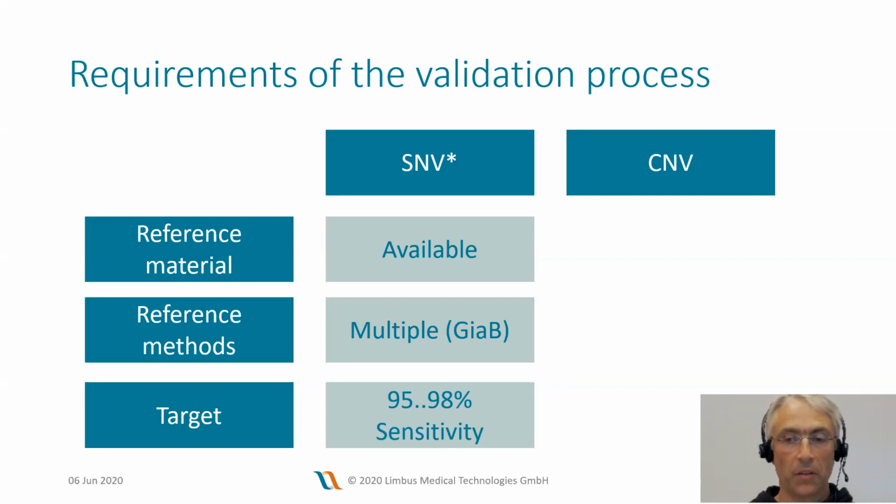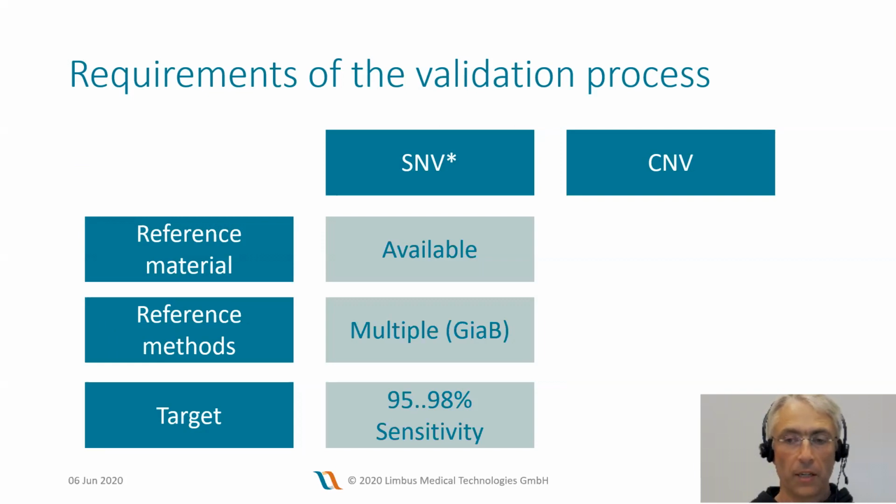Applying a single method, you cannot expect to be as good as multiple reference methods combined. Our target, according to international guidelines, should be something between 95% and 98%, but the guidelines are a few years old, so make sure to be rather on the 98% side than on the lower end.